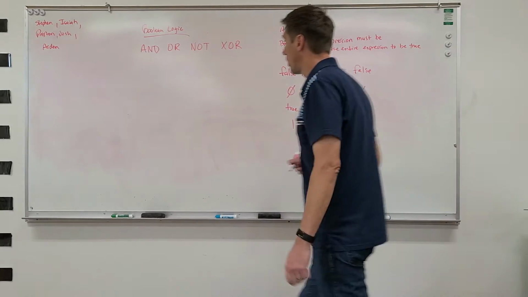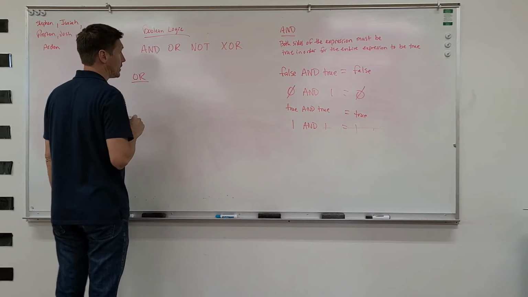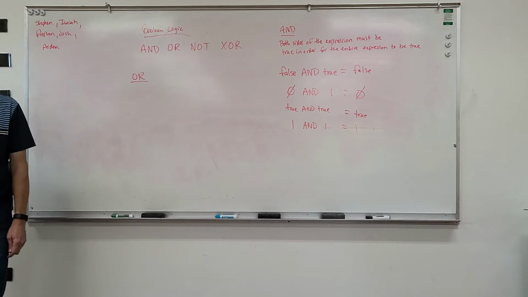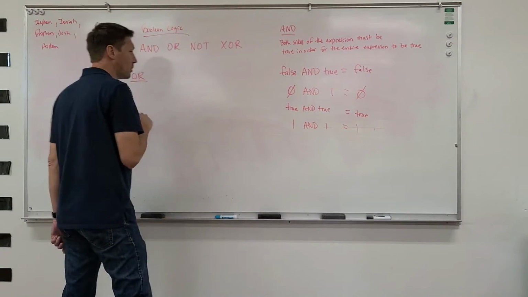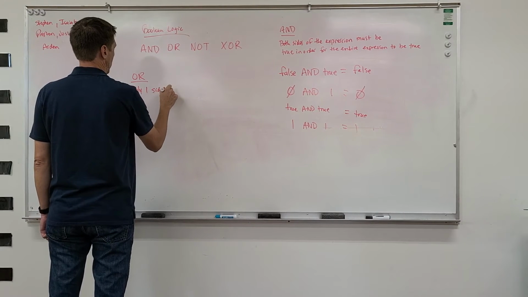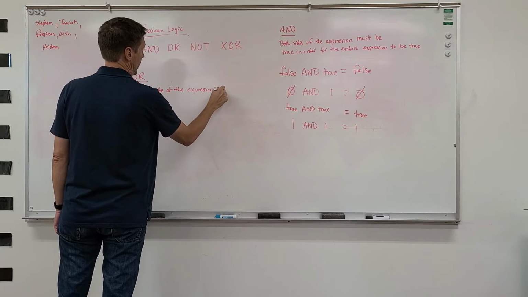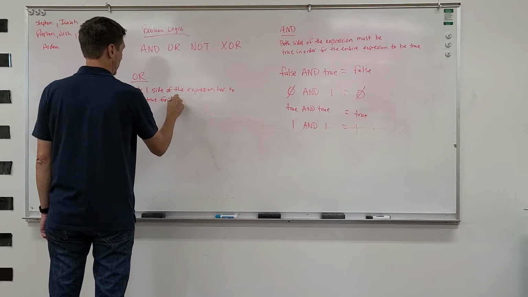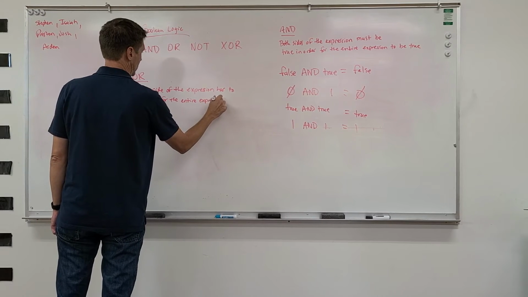All right, so let's talk about OR. Now, if I said, if I get milk or cookies, I'll be happy, then you're welcome to bring me just a glass of milk, Isaiah, and you'll put a smile on my face, right? Because I said or. So with OR, only one side of the expression has to be true for the entire expression to be true.